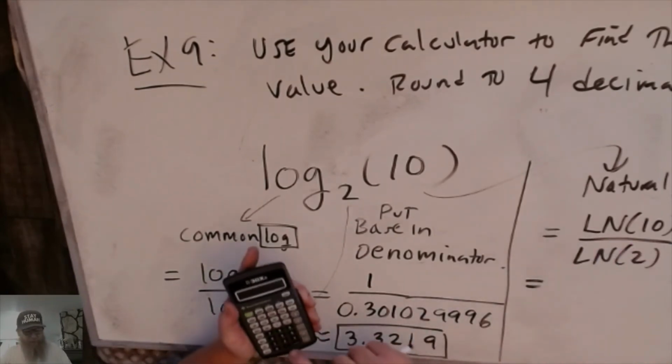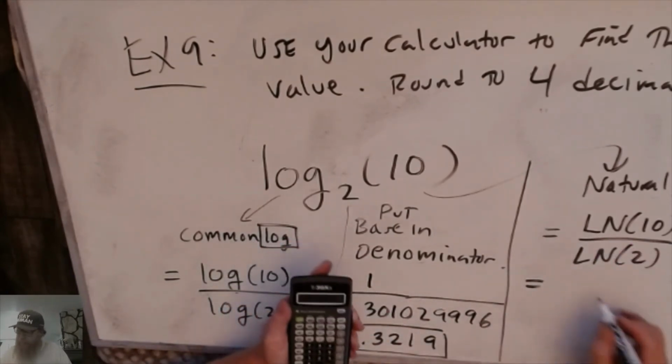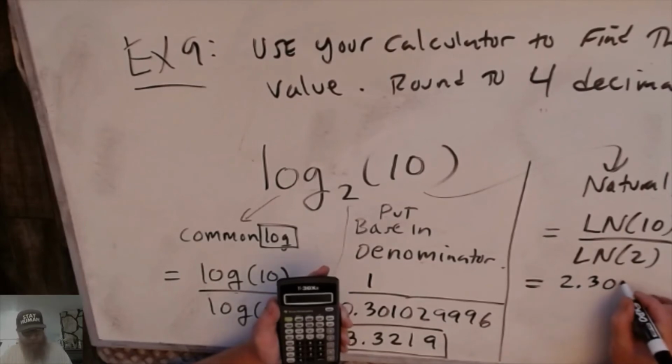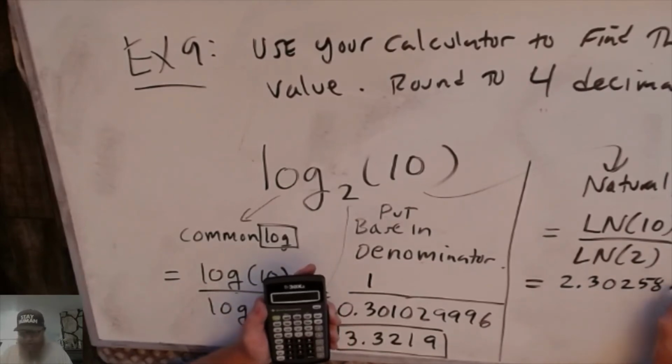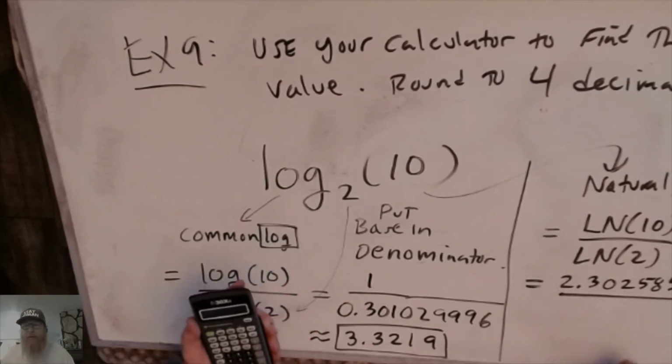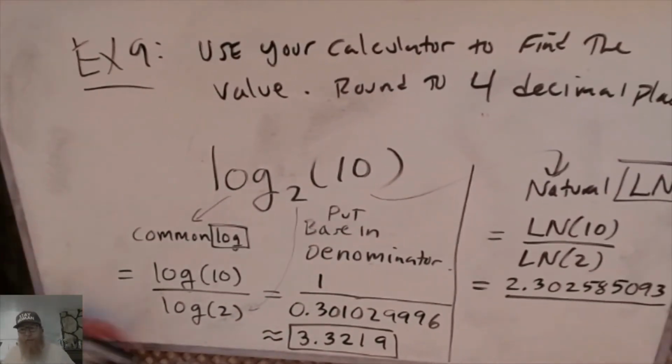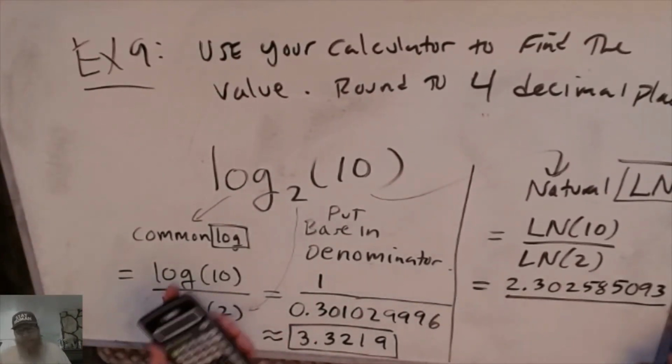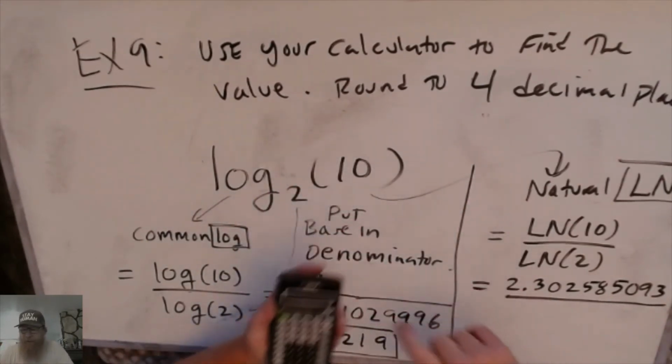So ln of 10, I'm using the ln button this time. That's 2.302585093. Don't round until you're done, so do keep the entire screenshot there.